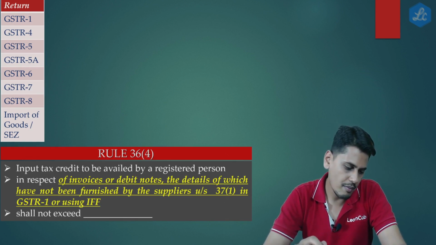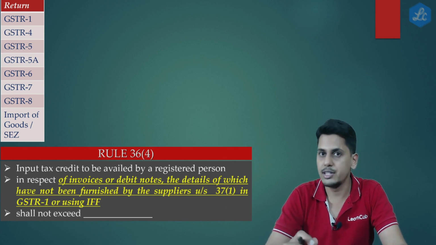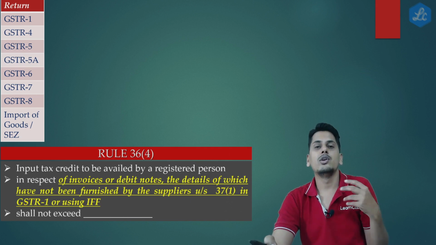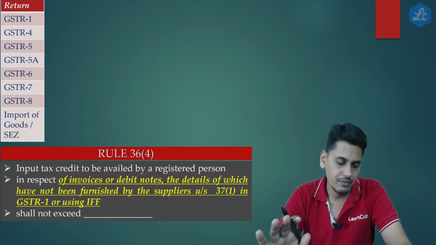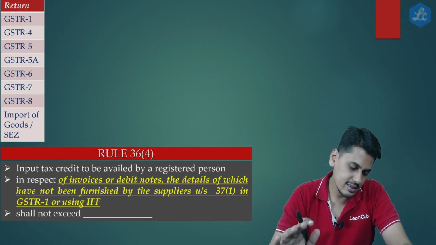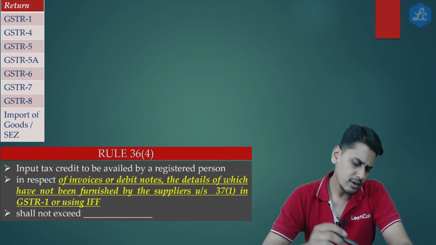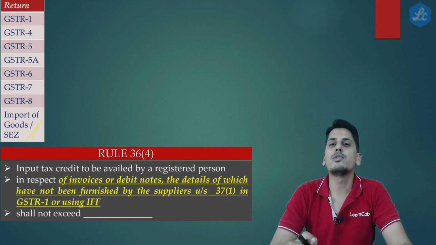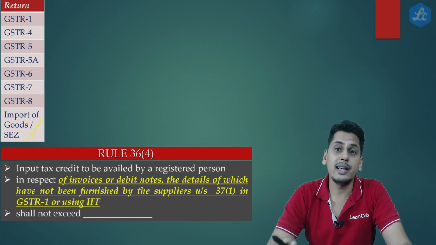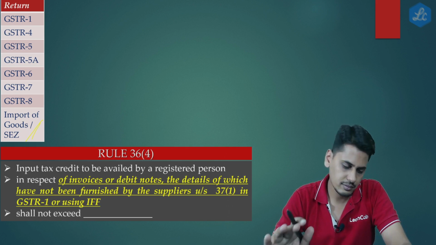Because you have GSTR 1 which needs to be filed, you have 3B which needs to be filed. 3B is a summary return, you do not give any details of invoices. You have GSTR 4, 5, 5A, 6, 7, 8 and you have an additional information called import of goods or purchasing goods from a special economic zone based on bill of entry.